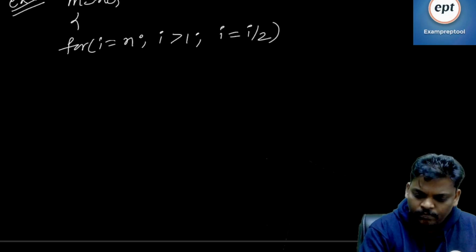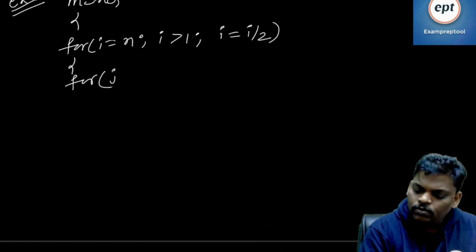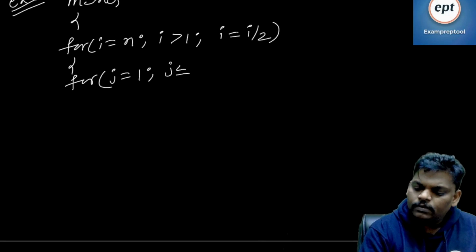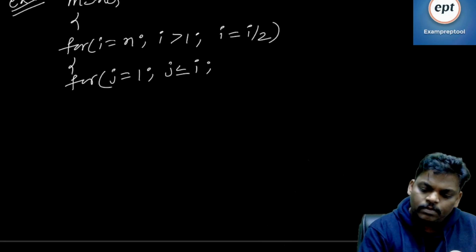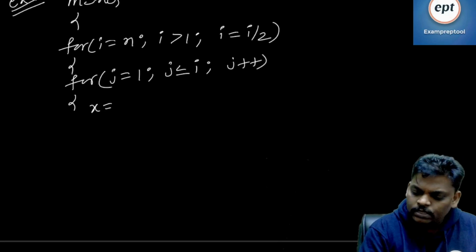Next one, for j is equal to 1, j less than or equal to i, j plus plus, x is equal to y plus z. This is the problem.